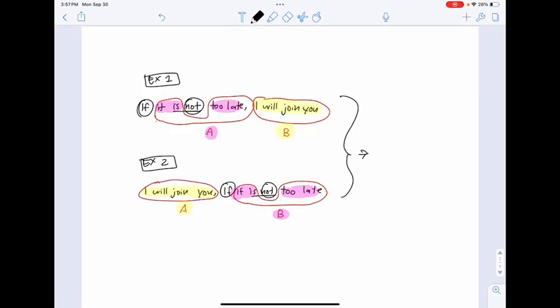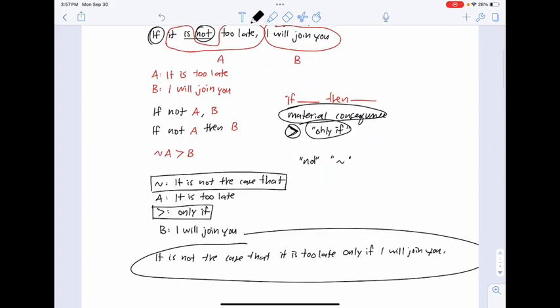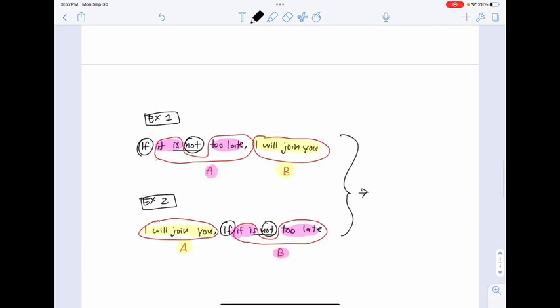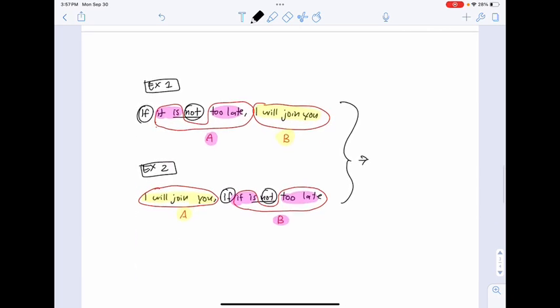Also, now to answer your question about why in some sentences we mix up the orders and some we don't. If you look at the structure, number 4, we have the step of rearranging to standard form. So sometimes the sentences are in standard form and others aren't.